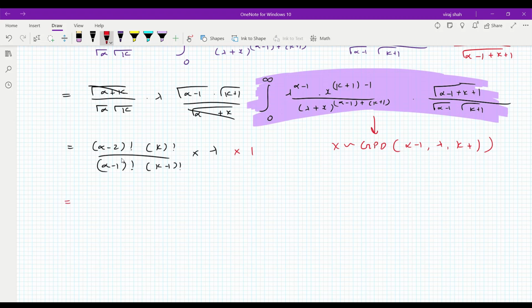So, I'm left with alpha minus 2 factorial into k factorial upon alpha minus 1 into alpha minus 2 factorial into k minus 1 factorial.